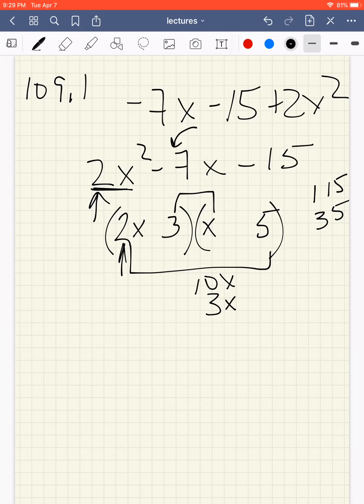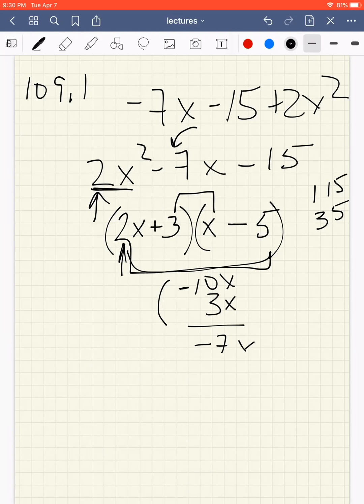So 10x minus 3x will work, correct? Now we need to determine where the positive has to go and where the negative has to go. Well, in order for these two to subtract and end up being -7x, the 10 would have to be negative, wouldn't it?